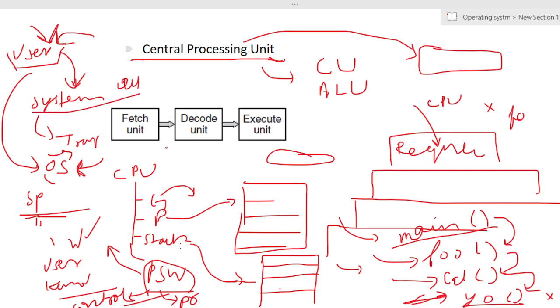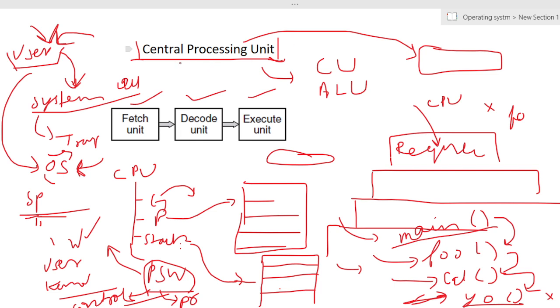Now, let me tell you one thing: the central processing unit contains some portions. Three of them are the fetch unit, decode unit, and execute unit, right? Whenever a CPU wants to execute a particular instruction, what needs to be done? It's obvious that it won't get the instruction on its own.